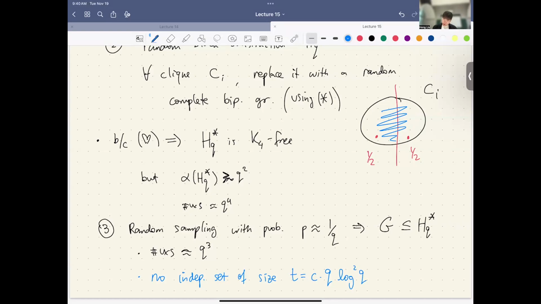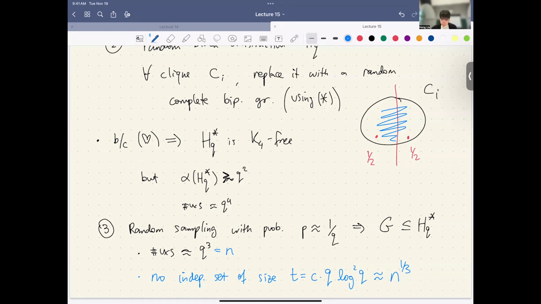Okay, so this is roughly what? Now this is our n. This is roughly n to the 1/3 up to log factor. And we are done if we can do this, if we can do the last line.